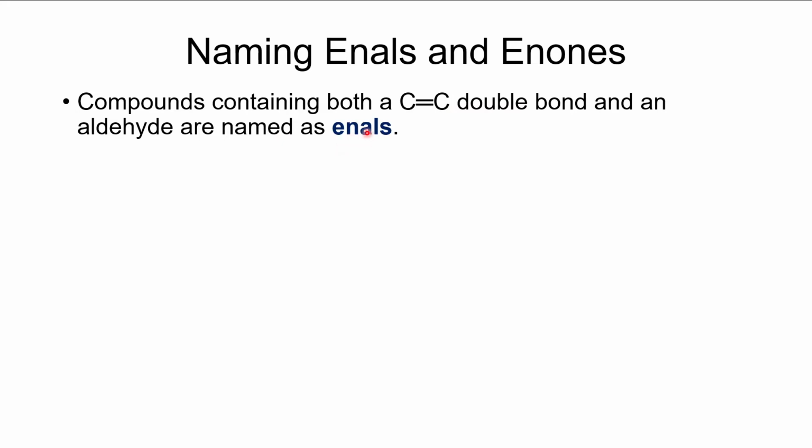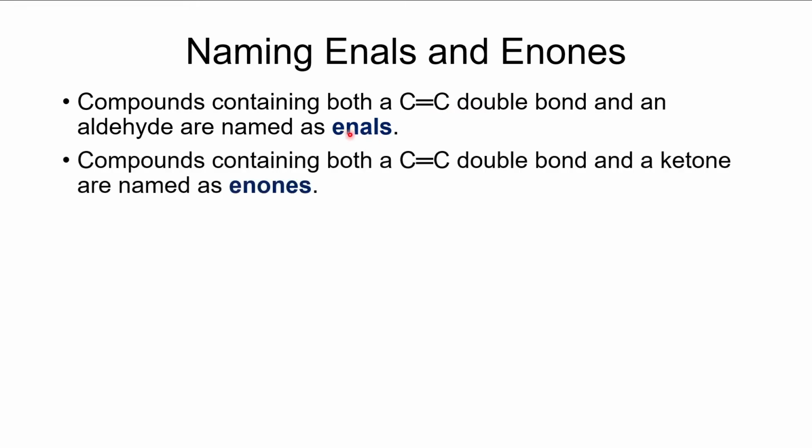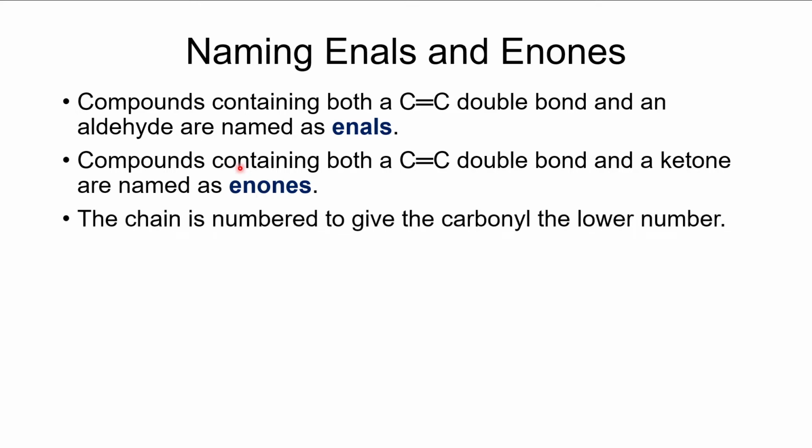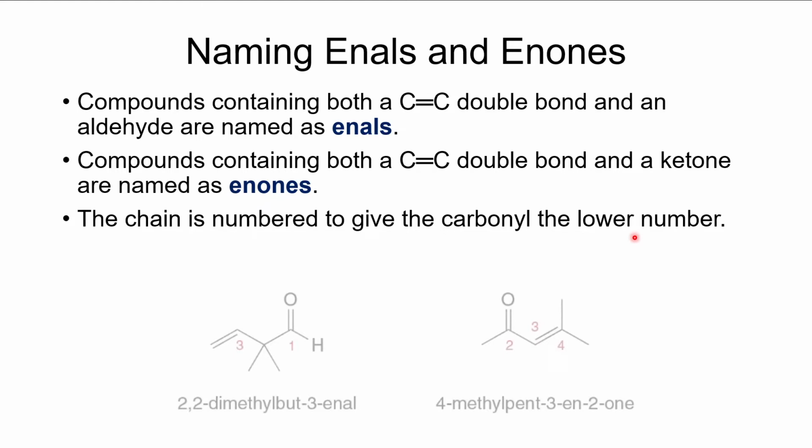Now, the aldehyde is always at the end, so we don't need to put a number for that one, but we will need to put a number to indicate where the alkene is, where the ene component is. If we've got the carbon-carbon double bond and a ketone, we have an enone, and we'll have to put numbers for both the alkene and the ketone to indicate where those substituents are. And then we number the chain to give the carbonyl the lowest number.